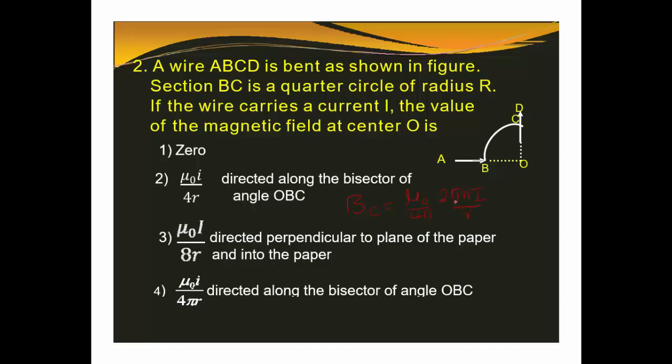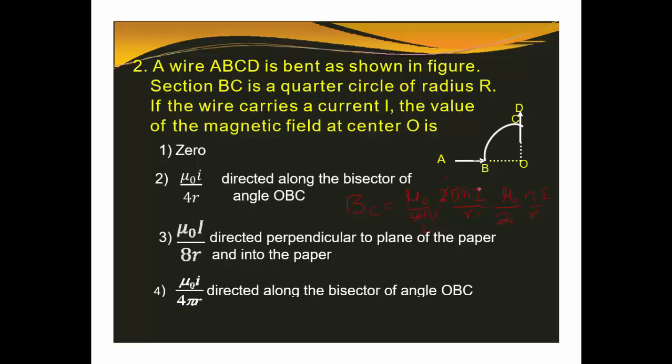So pi cancels, 2 and 2 cancel, which means the formula is mu naught by 2 n I by r. Here the magnetic field formula at the center is mu naught by 2 n I by r.